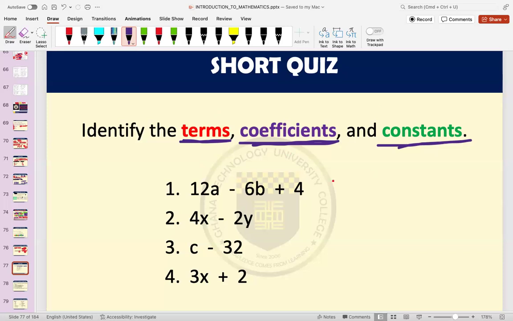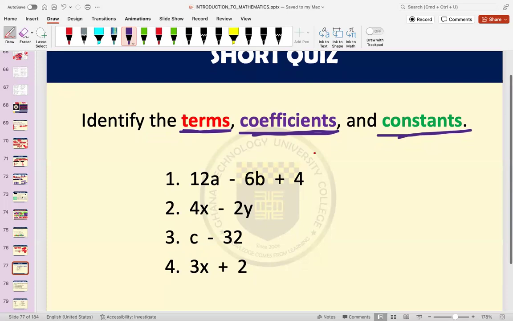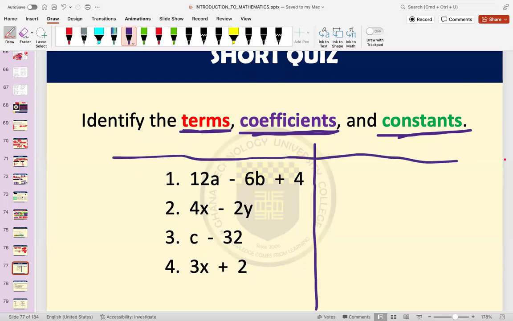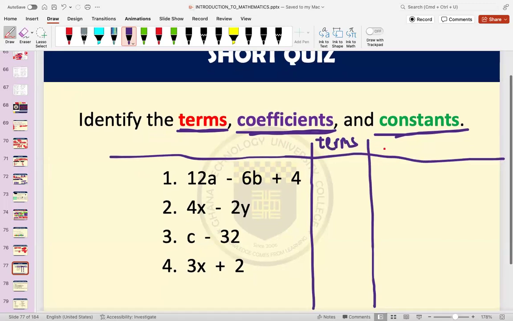So this is what I can do. I'll just draw my table this way from this end to that end. I will then label the first column or block as terms. I'll label the second column.